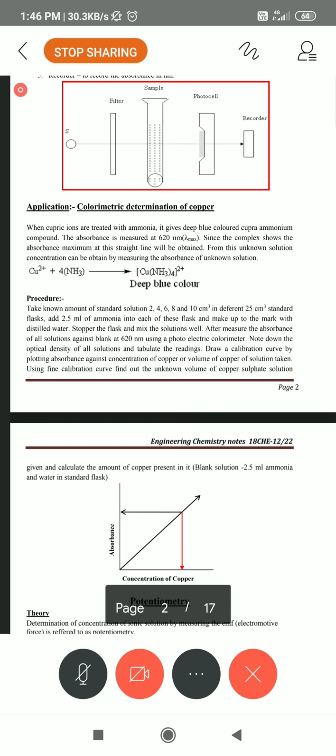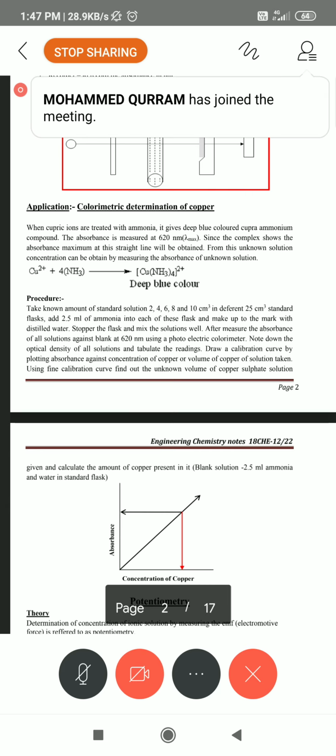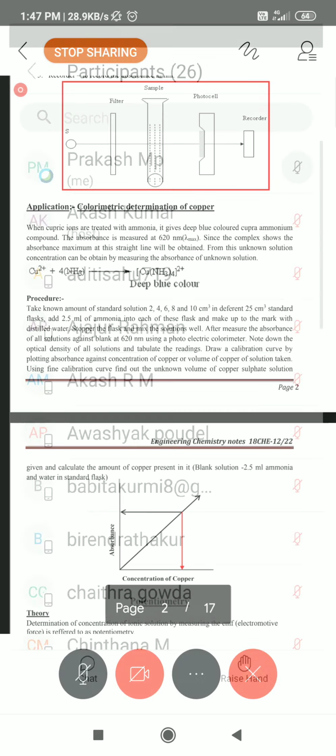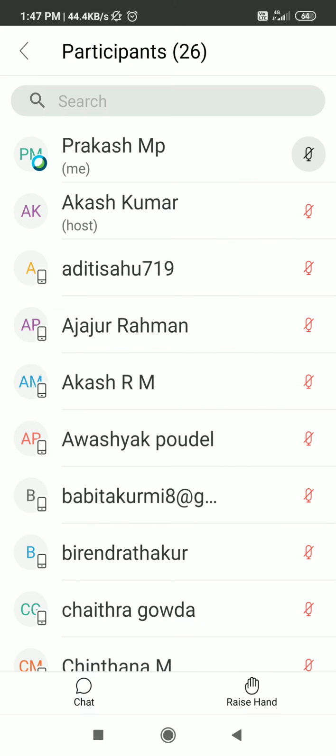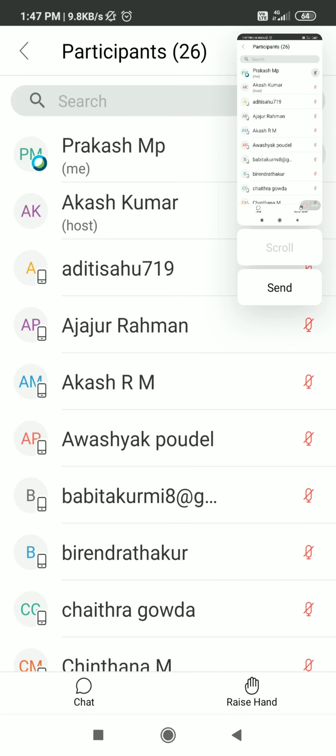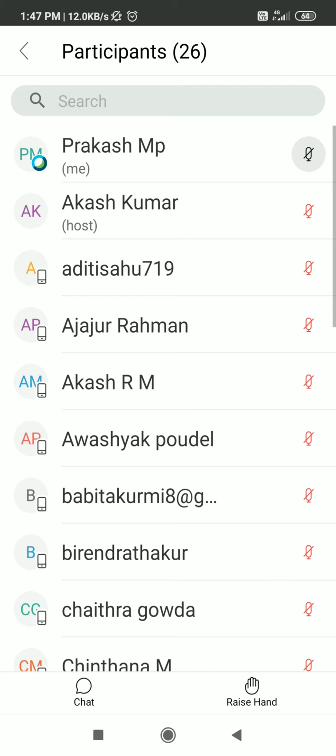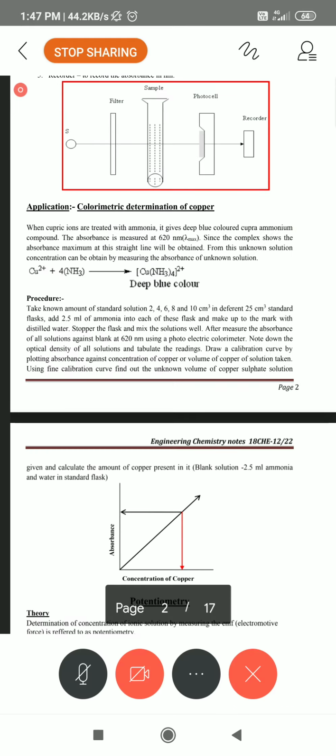In the same way, what you already estimated for fluoride was 570 nanometer. Take the blank solution, set the operator absorbance, make it 0. Then you throw that blank solution.